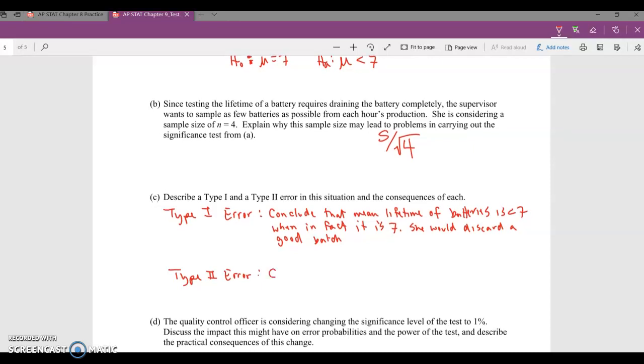So that would be, she concludes that the mean lifetime of batteries is 7, when in fact it's less. So the consequence is she would keep a bad batch.